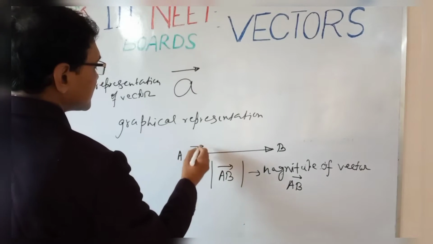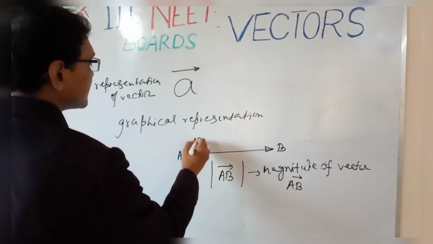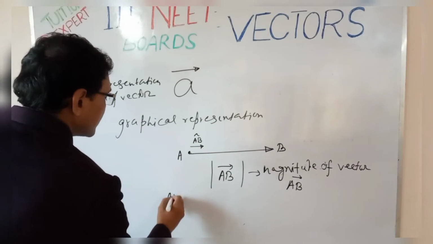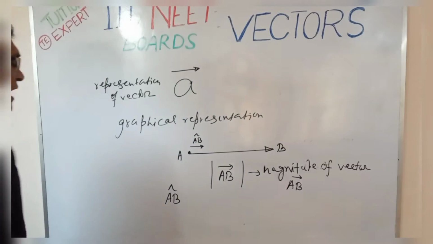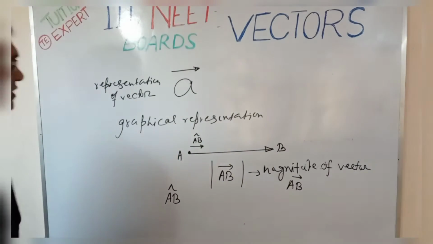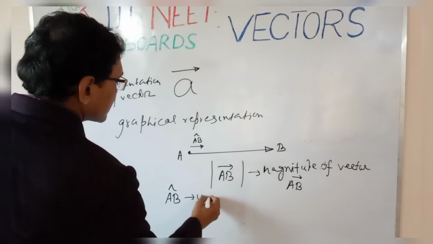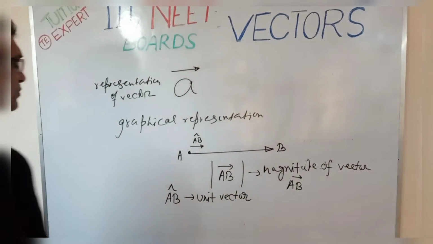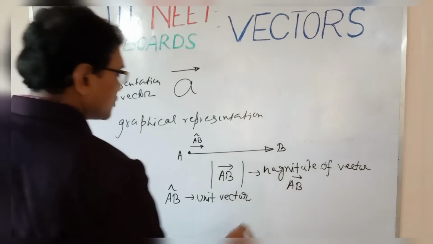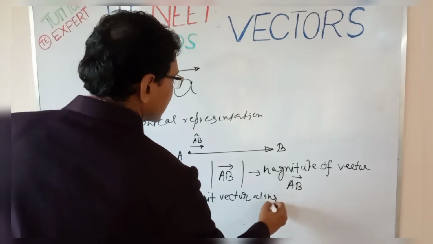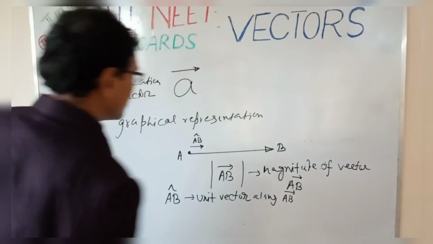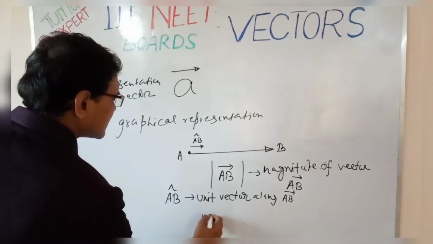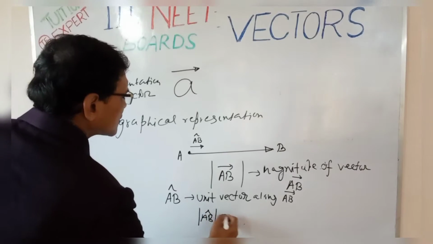We need a direction. The direction is denoted by a unit vector. Very, very important. AB with a cap over it is the unit vector. A unit vector means one whose magnitude is unity. Unit vector along AB has magnitude equal to 1.